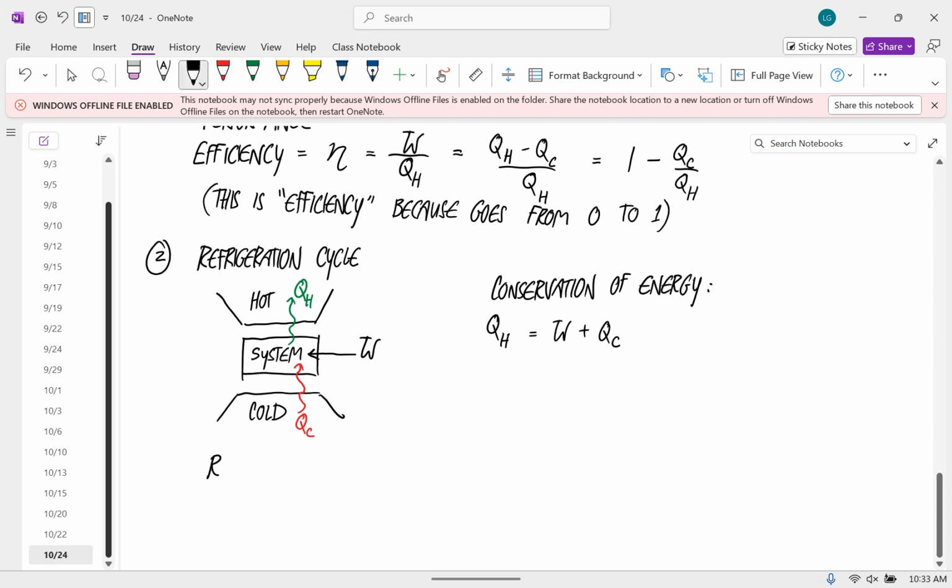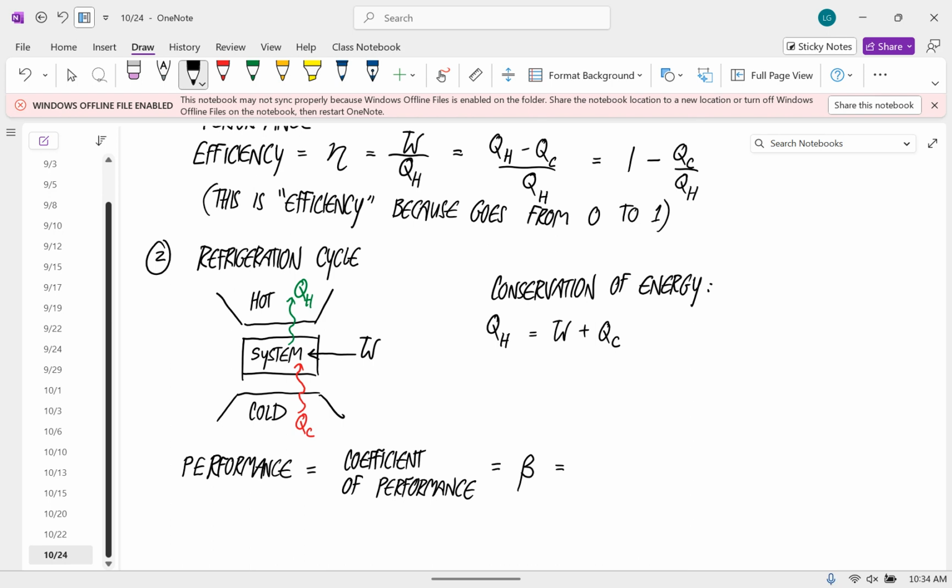The performance, so we're going to call this not the efficiency anymore. We're going to call this the coefficient of performance. And this is the Greek letter beta.